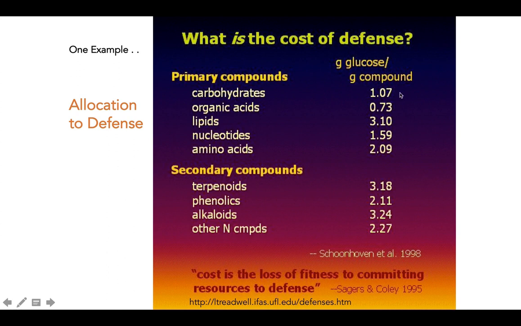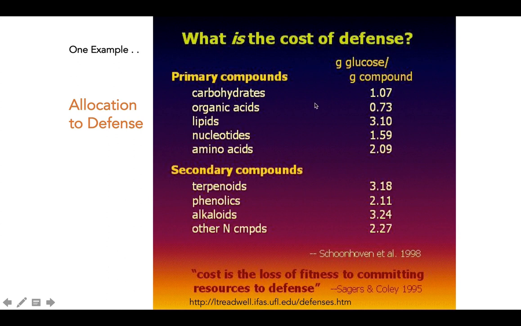And what I'm showing you here is a unit of comparison. This is the cost of producing either primary or secondary compounds. This is the grams of glucose required to produce a gram of compound. So if you notice, it takes about 1.07 grams of glucose to produce a gram of carbohydrate. Okay?